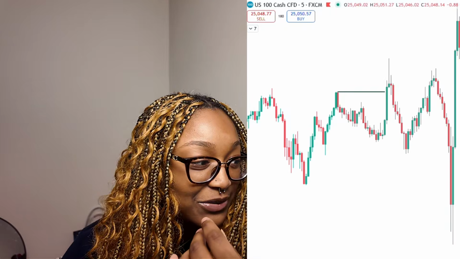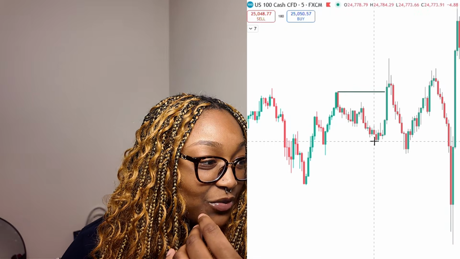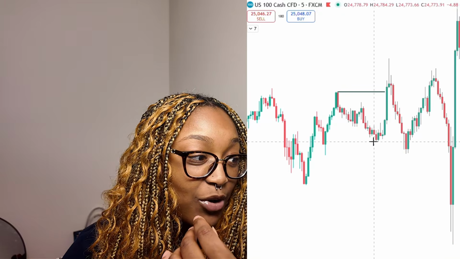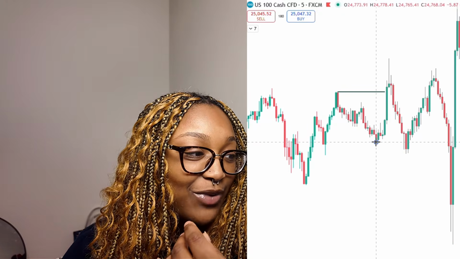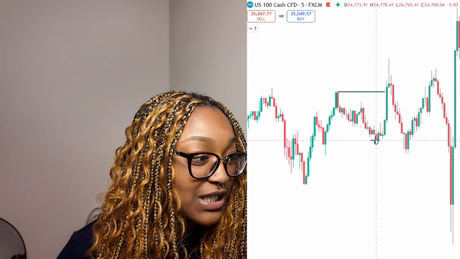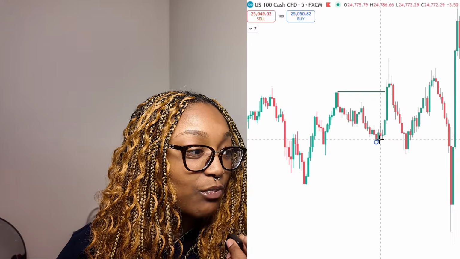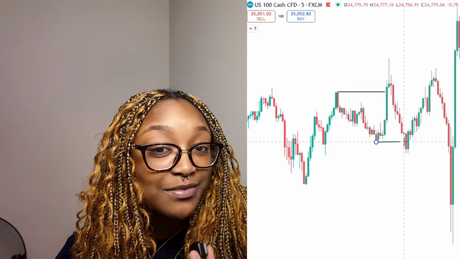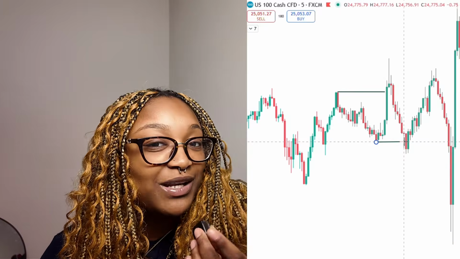Now, previous lows. Without seeing all of this on the chart, our most previous low is going to be right here because we have a red candle, sellers were selling, and then a green candle, buyers were buying. Meaning we have liquidity right there. We have some stop losses and some more pending orders right there.